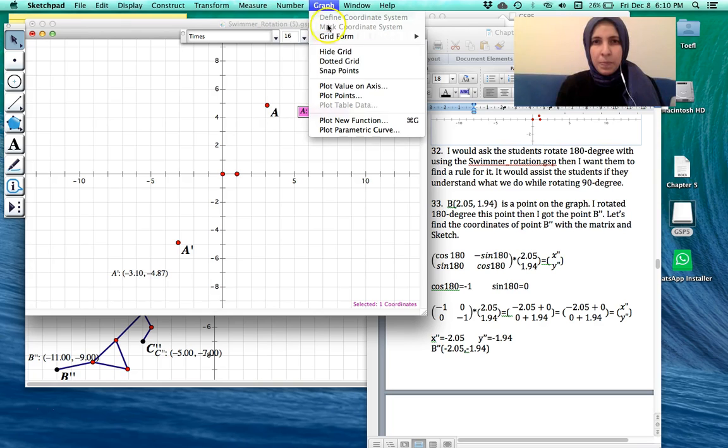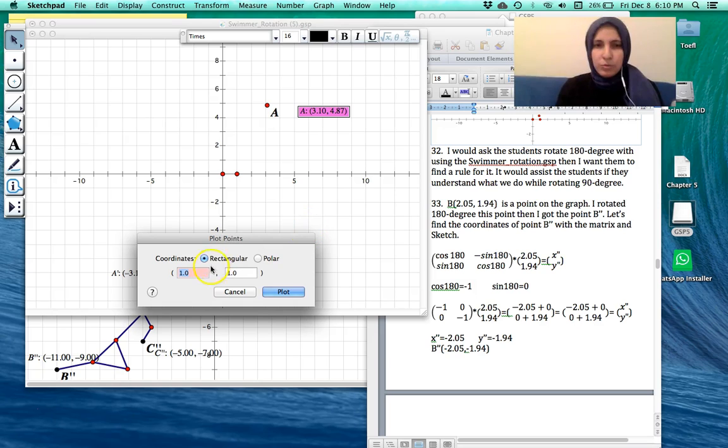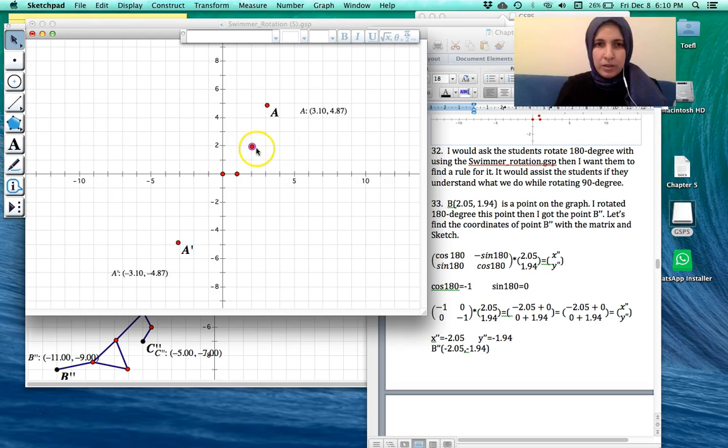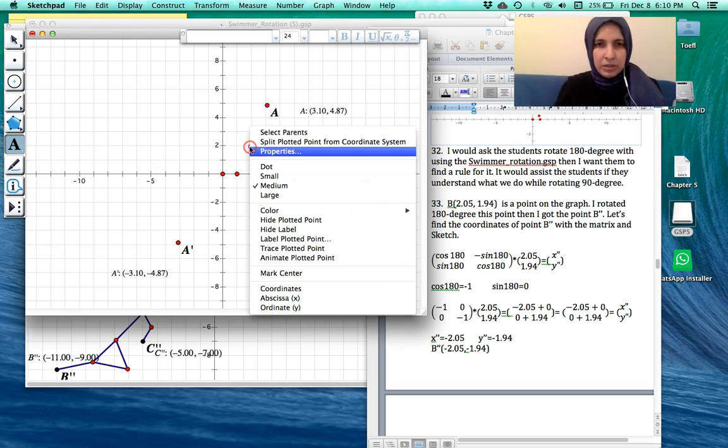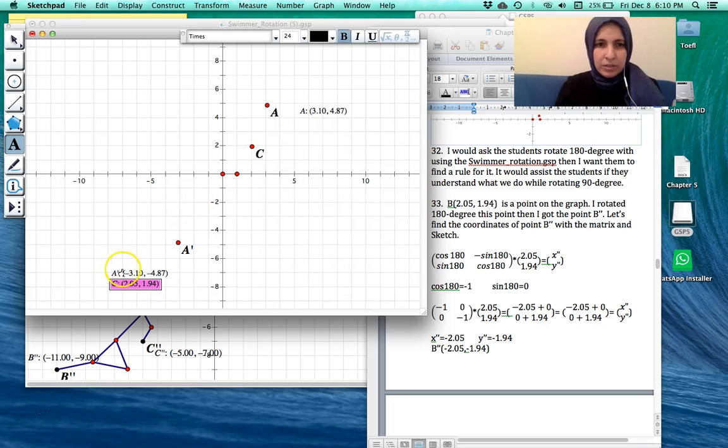Let's snap plot points 2.05, 1.94. This is my point, and label it B, find the coordinates, yes, and then translate it.